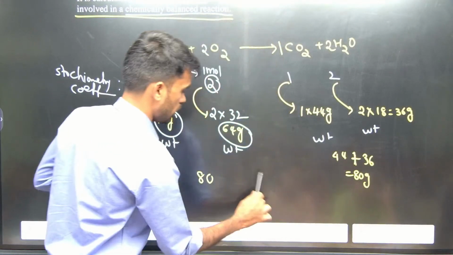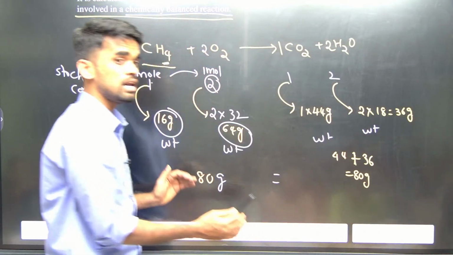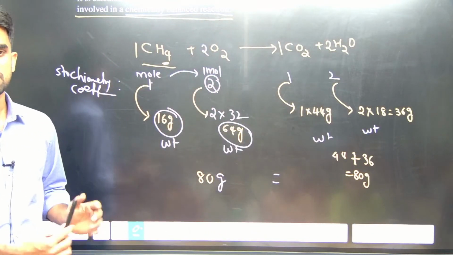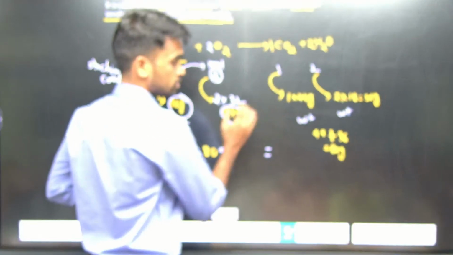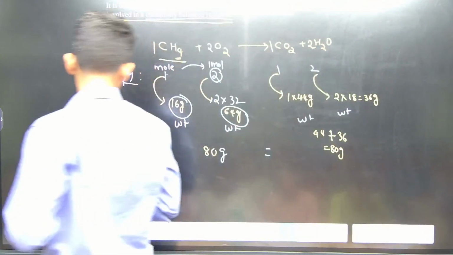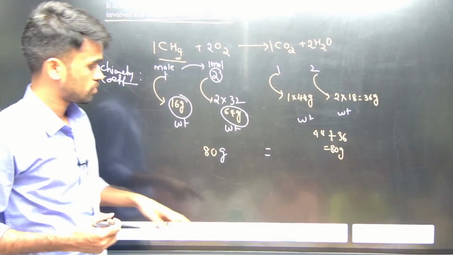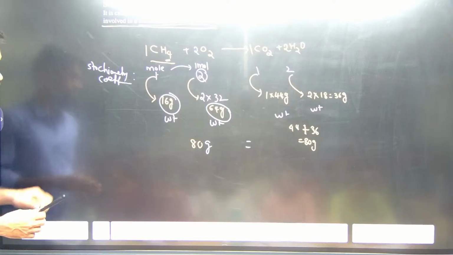So the quantity of reactants and quantity of products are equal. This is called the law of conservation of mass. Is this clear, everyone? Okay, up to here it is clear.